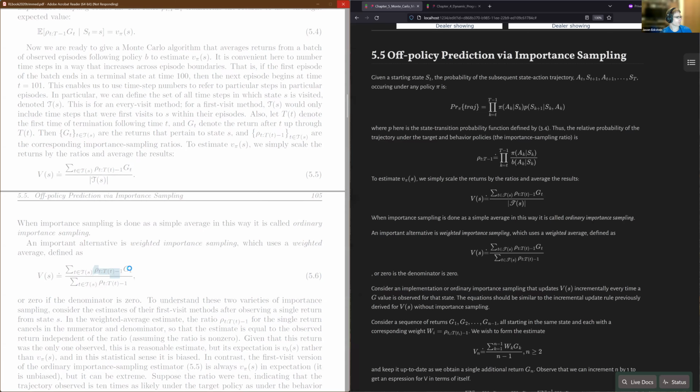So the expected value is actually the value of the behavior policy, not the value of the target policy. That is the initial bias of this estimate. And that bias goes to 0 as we collect more samples, but it is initially biased.